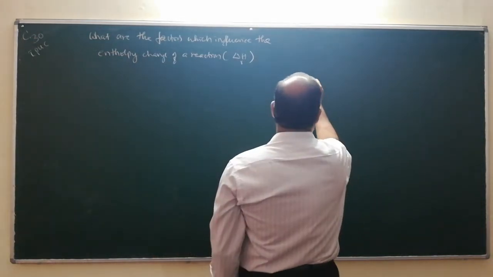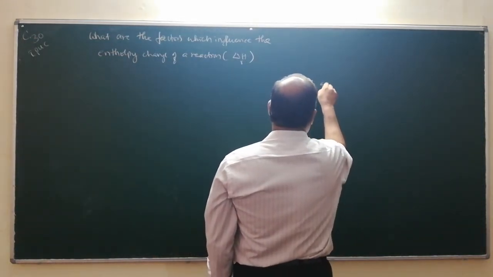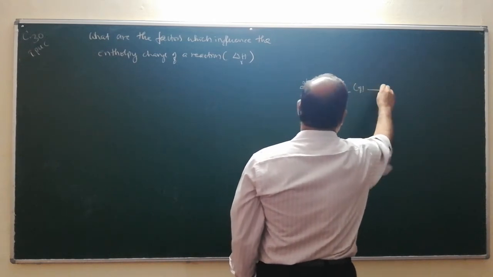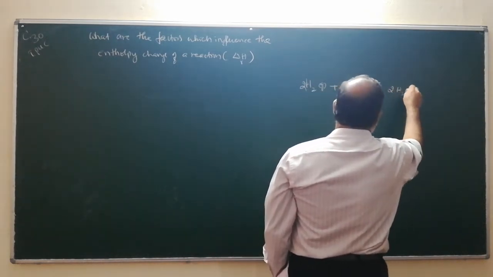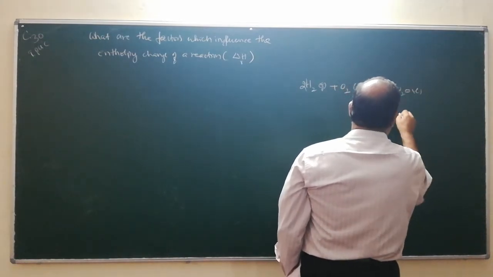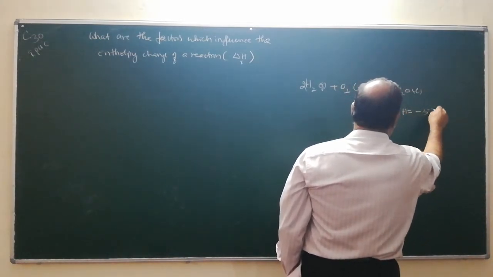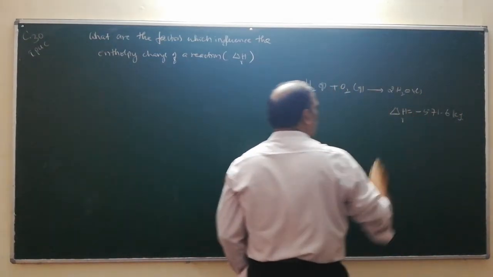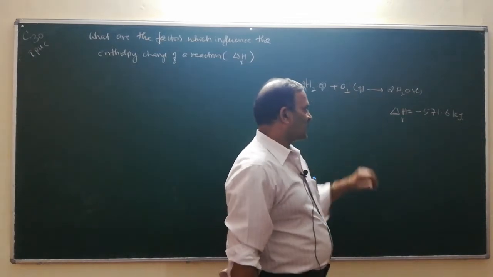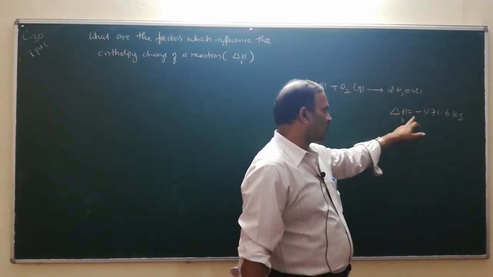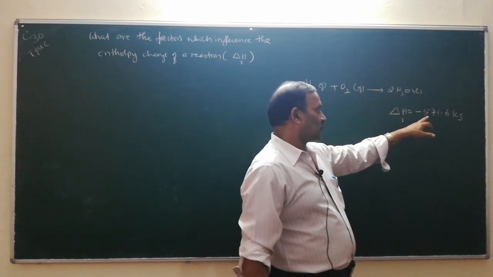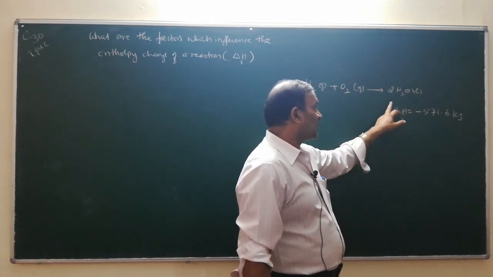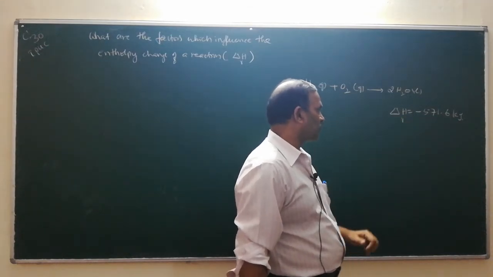As I have told you, for example, 2H2(g) plus O2(g) gives 2H2O(l). Here delta H equals minus 571.6 kilojoules. So this is a chemical reaction. During this chemical reaction, this amount of heat is liberated.